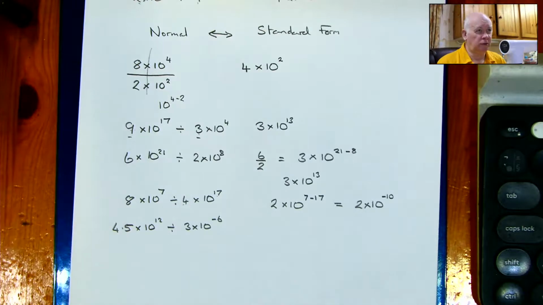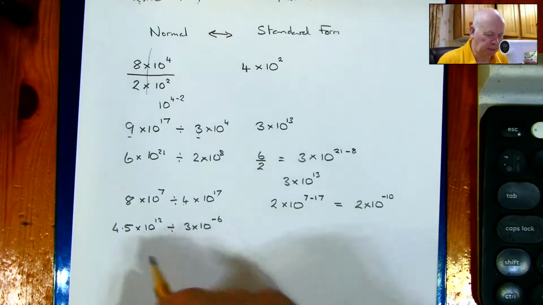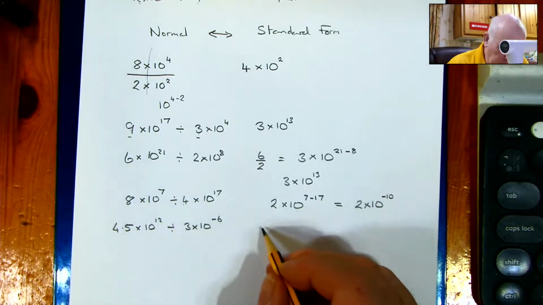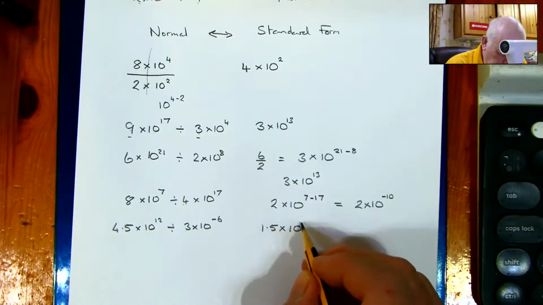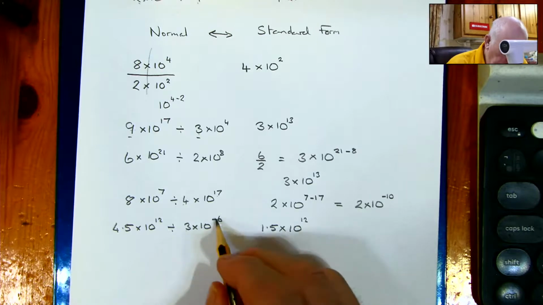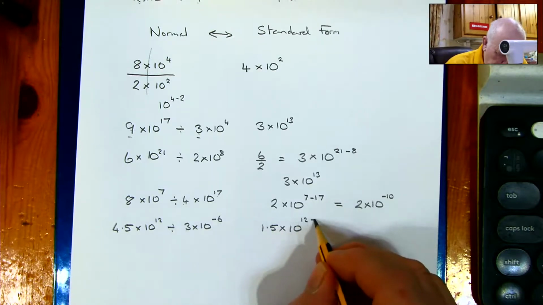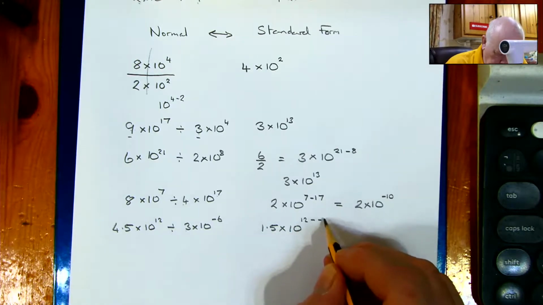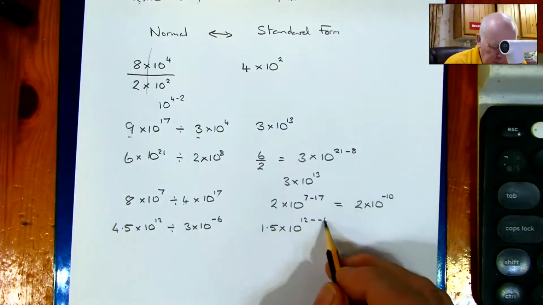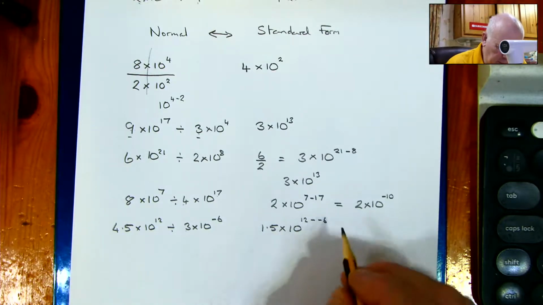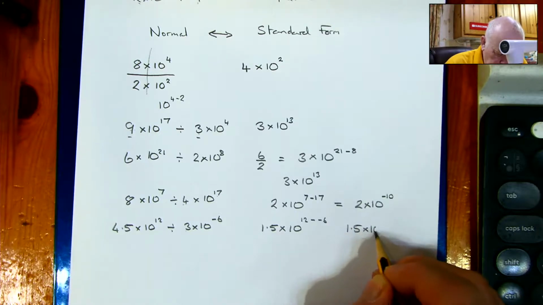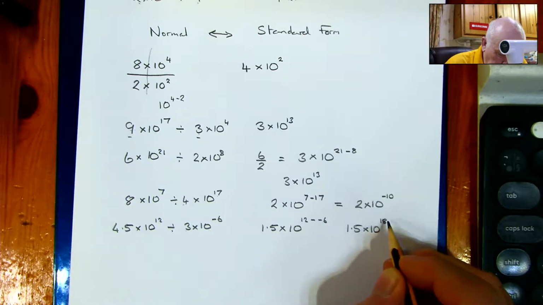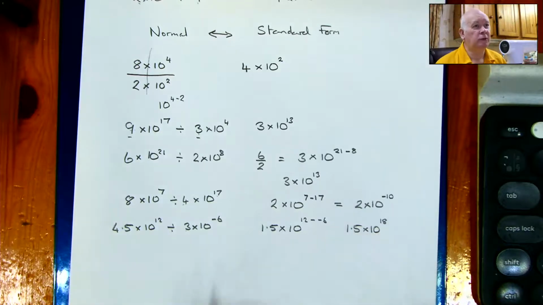Now this doesn't work out quite as you expect. 4.5 divided by 3 is going to give me 1.5 times 10 to the 12, and we subtract minus 6. Minus 6 means this becomes plus 6, so we get 1.5 times 10 to the 18, which is not necessarily what you'd expect.